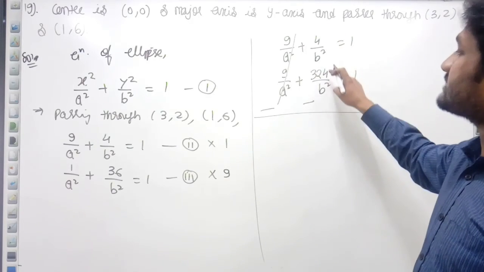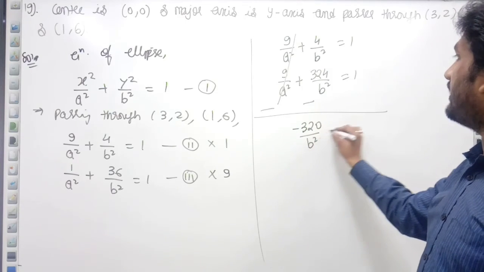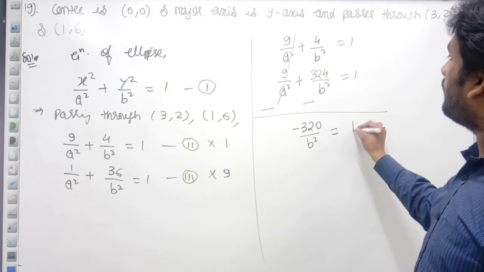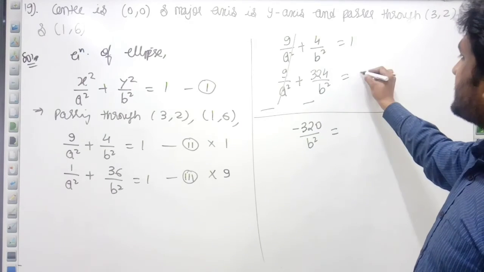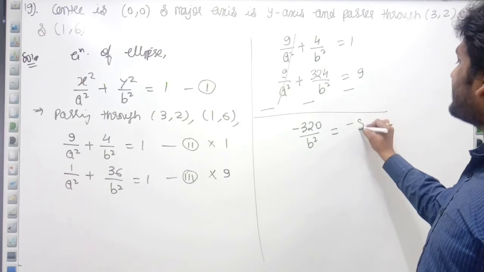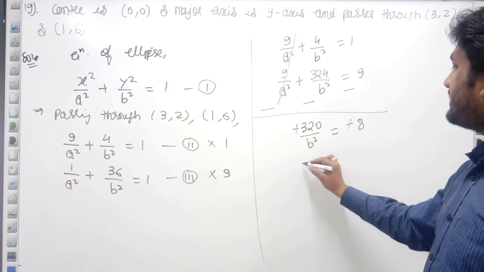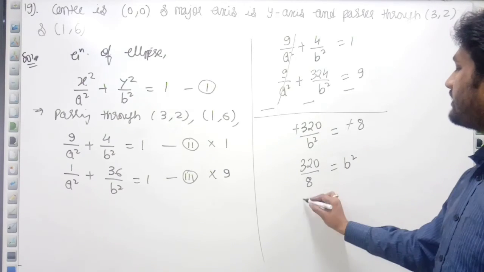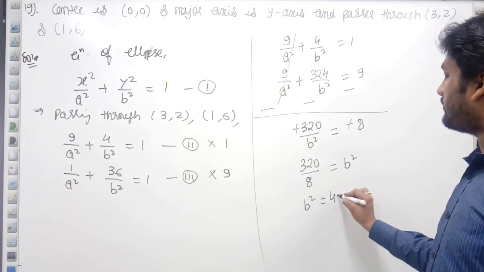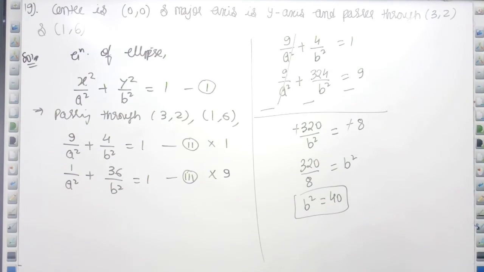4 by b square minus 324 by b square, this is minus 320 by b square, is equal to 1 minus 9. Sorry, 1 nines are 9. 1 minus 9 is what? Minus 8. Minus minus cancelled out, so I can say 320 by 8 equal to b square. So b square equal to what? 40, right? 8 fours are 32.